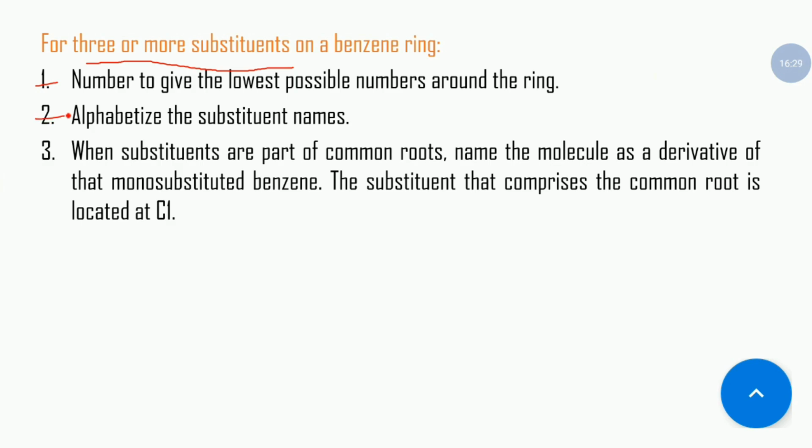Second is alphabetically arrange the substituents' names. And finally, when substituents are part of a common root, like the previous example, you have to put that common name instead of benzene. Okay, so these are the three rules. Three or more substituents means it's a polysubstituent of the benzene ring.